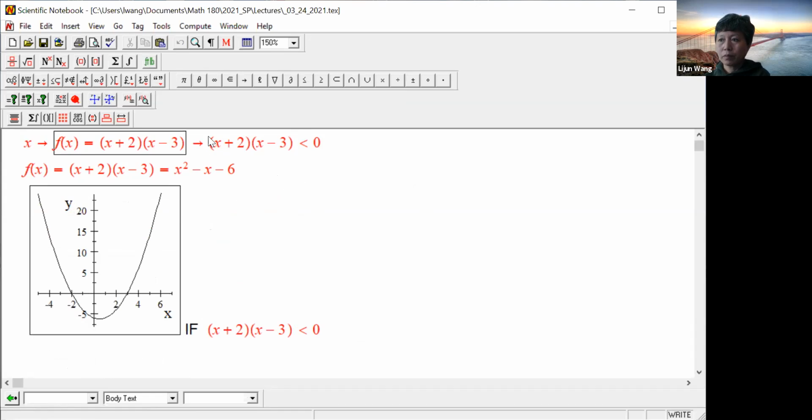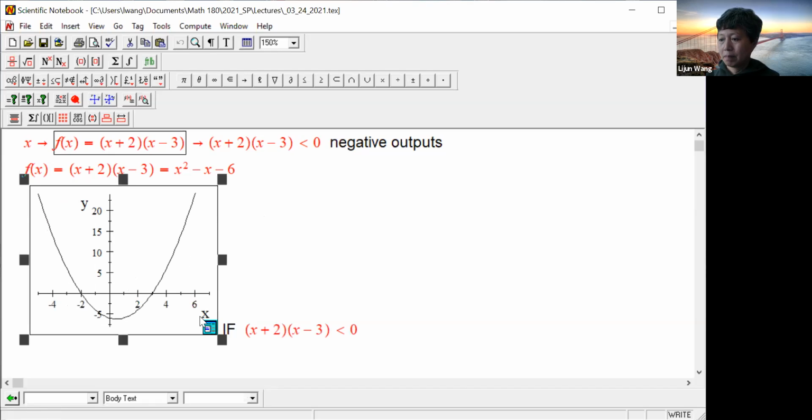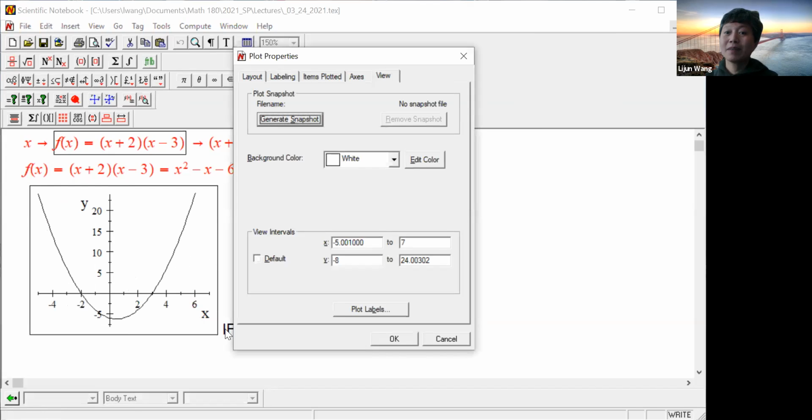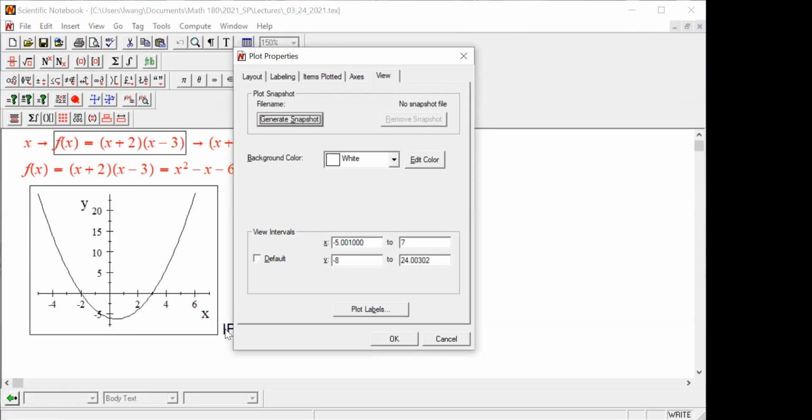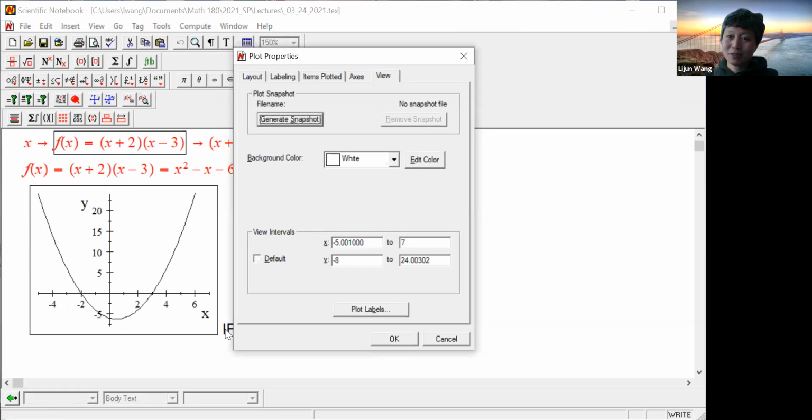Negative. We want negative output. Where do you find negative outputs? Below the x-axis. That's right. You see how simple that is?